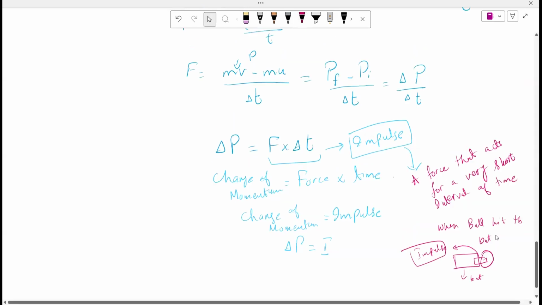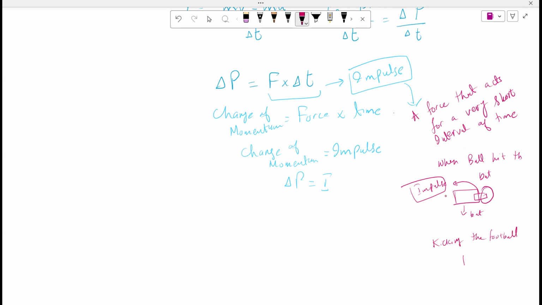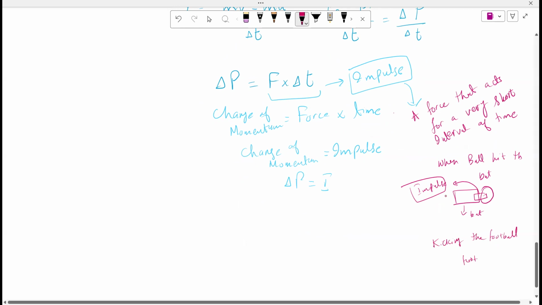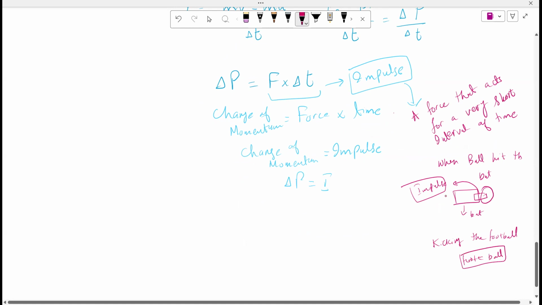For example, if I'm kicking the football, the moment at which my foot is in contact with the ball, the force present at that moment is known as impulse. A force that acts for a very short interval of time is known as impulse.